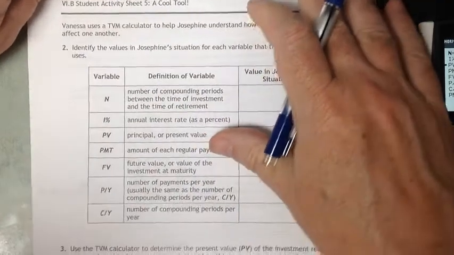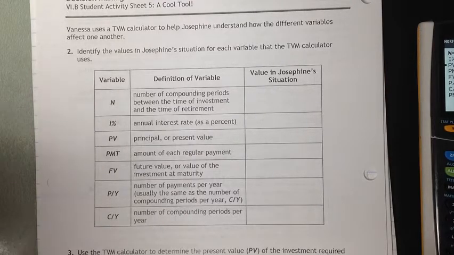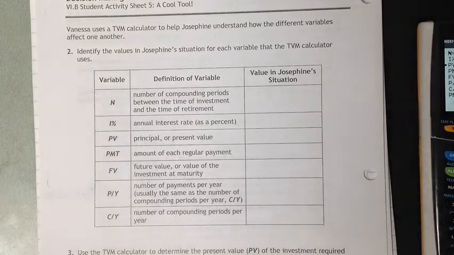Vanessa uses a TVM calculator to help Josephine understand how the different variables affect one another. Identify the values in Josephine's situation for each variable the TVM calculator uses. Oh, this is what we just did, so we don't have to do it again.